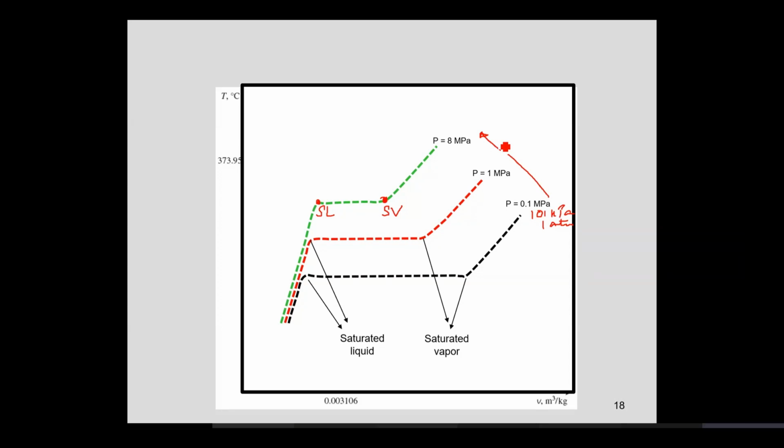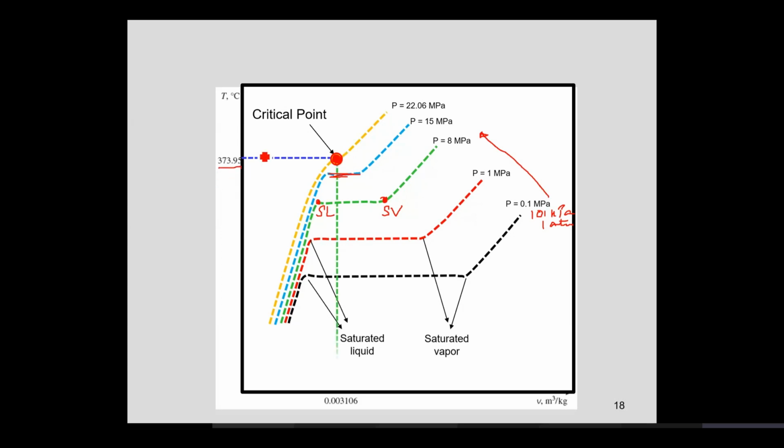Now, if I continue increasing the pressure, let's say to 15 megapascal to 22.06 megapascal, what would happen at 22.06 megapascal? There is no distinct two-phase region existing. There's only a point. This point is the critical point, and this is the critical temperature, with the corresponding critical specific volume.